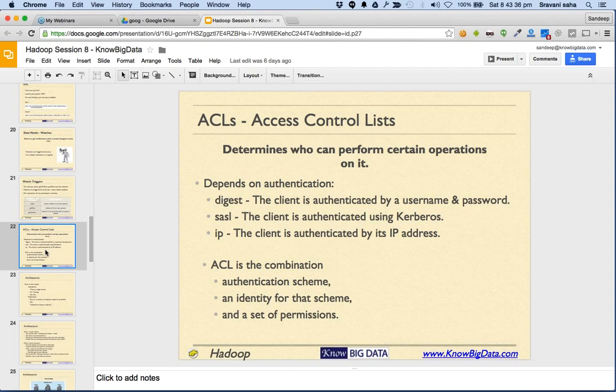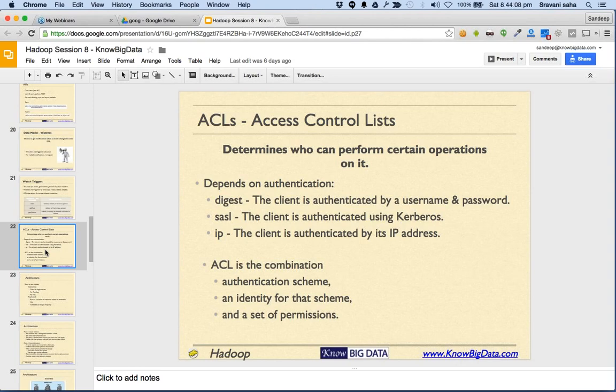Name node and data node communication requires Zookeeper when you are running in a high availability mode. Similarly, HBase and its nodes communicate with each other. The region servers and the HBase master contact each other and discover each other using Zookeeper. Similarly, Yarn also uses Zookeeper. There are many systems which rely on Zookeeper.